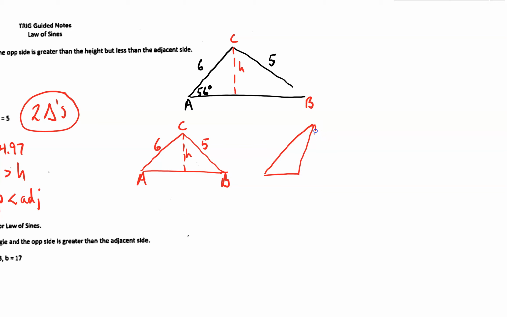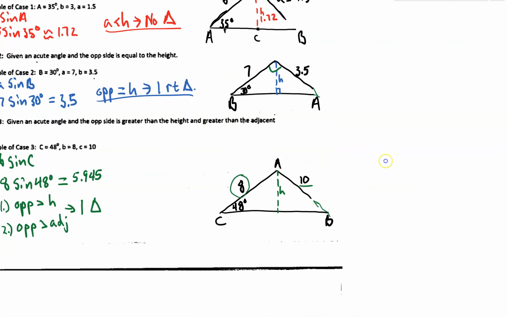So here's our height. It's in the same place. But now here's this, and we didn't change this angle at all. The angle measure is still going to be 56 degrees. So this is capable of creating another triangle here, because we can also link it up.